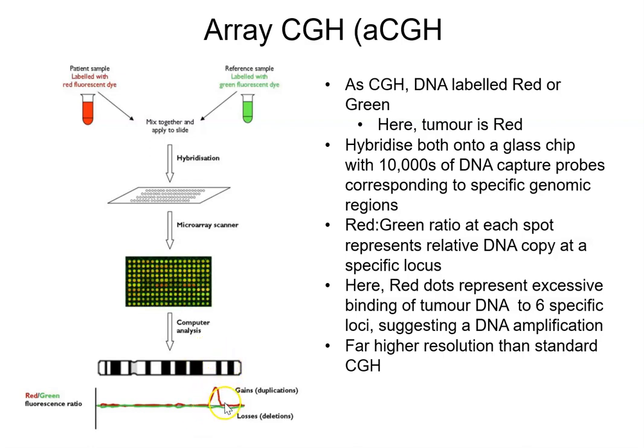So, and that's a common site of chromosomal duplication. So the tumour DNA is labelled red, normal DNA is labelled green, mix them together, and then wherever these spots are red here, that actually represents chromosome 8q24, and then we get a spectral profile of all the different dots down chromosome 8, and you see there's an excess of tumour DNA at this particular chromosomal location.